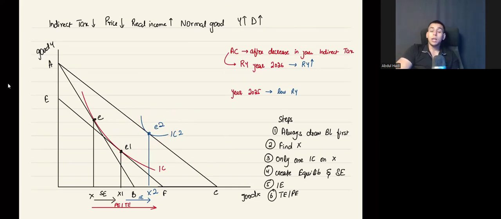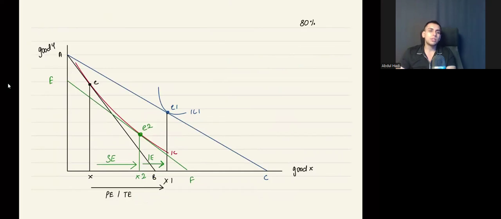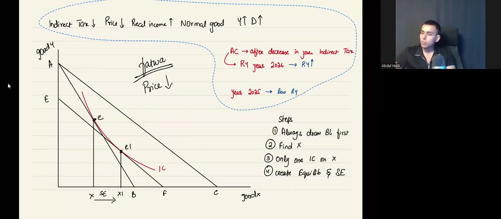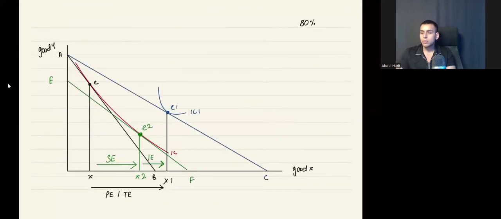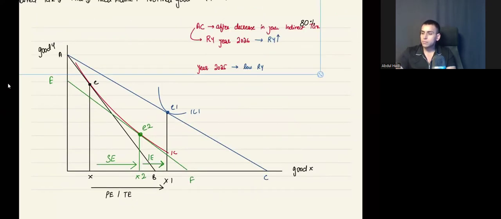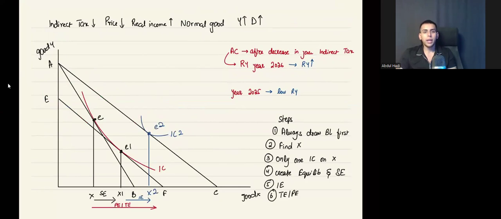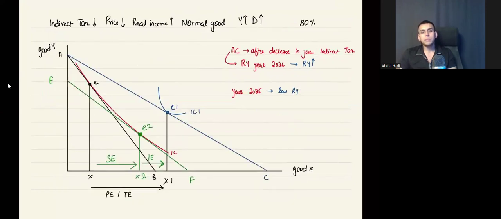Everything clear? Now let's compare the diagrams, my diagram and examiner's diagram. This is my diagram, all right? And this is examiner's diagram. Do you see any difference in both of these diagrams? No, right?